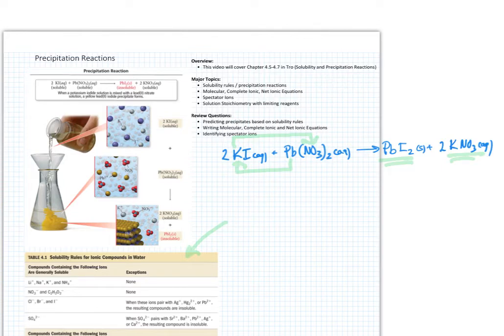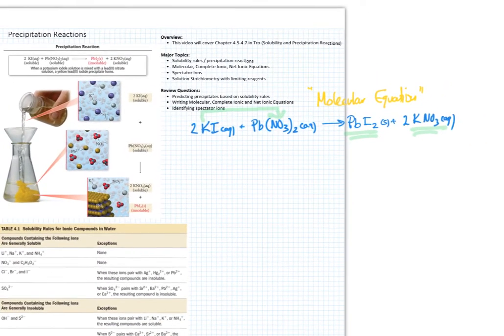From there, we can figure out what the chemical reaction should be. This is called the molecular equation. This is the balanced equation of the chemical reaction that has taken place.